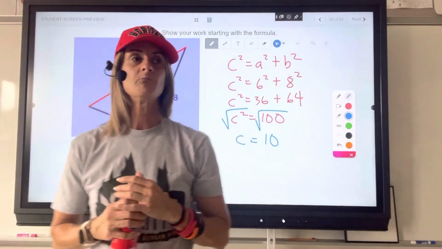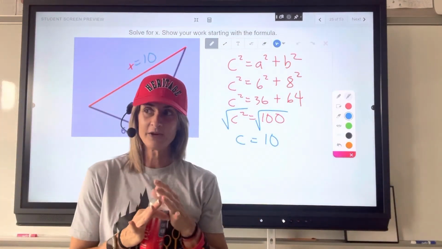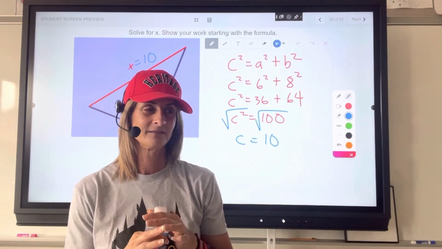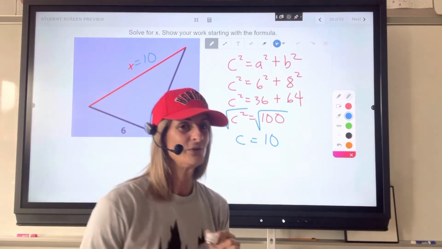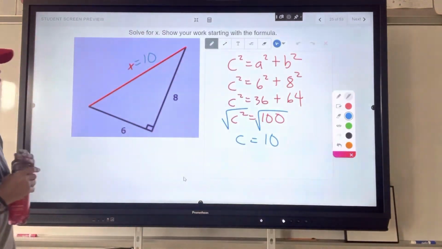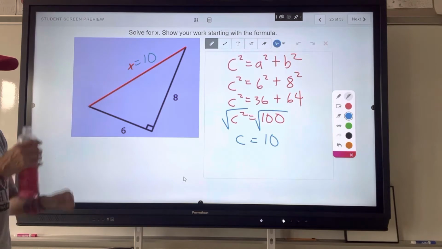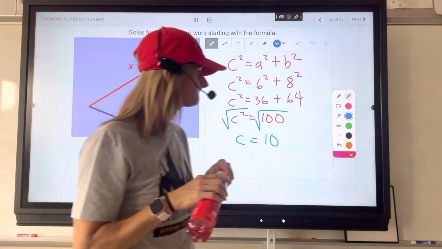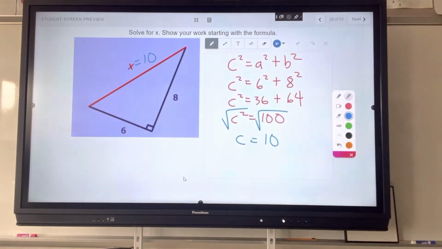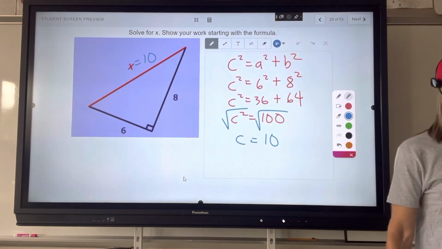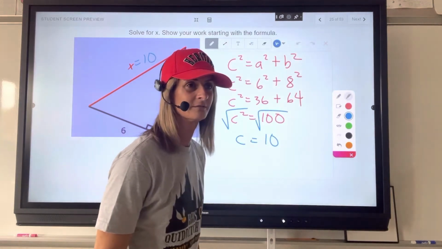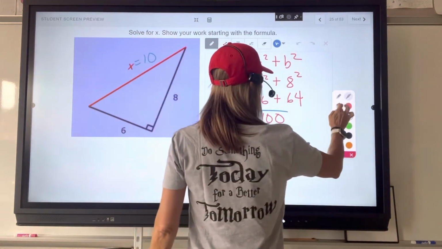That is the easier type of Pythagorean theorem problem where you're given A and B. The next problem, you are going to be given C. Anyone still writing? Finished? Okay, clearing that out.